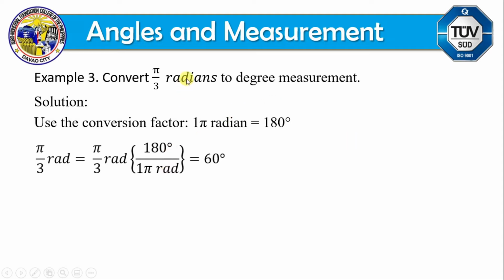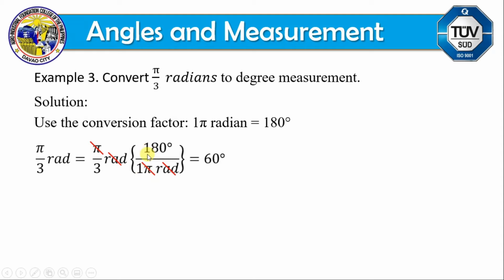But right now, since it is from radians to degree measurement, our radian is at the bottom. We did that since we need to cancel out the radian unit so that only degrees remain. So the pi on top and the pi at the bottom, numerator and denominator, cancel out, which is equal to 1. And the radian in the numerator and the radian in the denominator cancel out. So you are now left with 180 degrees divided by 3. Okay?